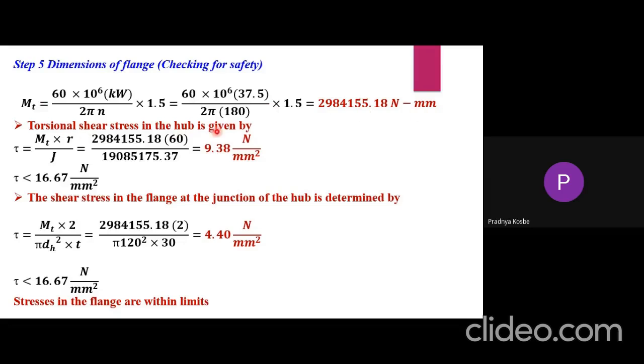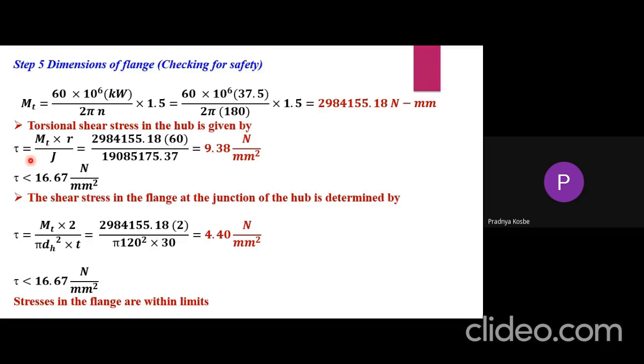Now torsional shear stress in the hub is given by tau is equal to MT into R divided by J. This is by the torsional rigidity formula, that MT by J is equal to tau by R, where MT is the torque, J is the polar moment of inertia, tau is the shear stress, and R is the radius.